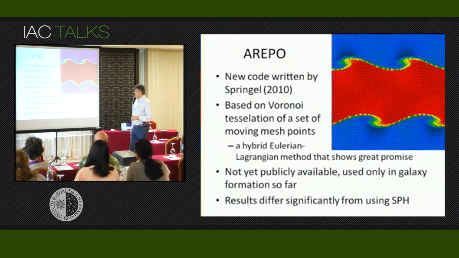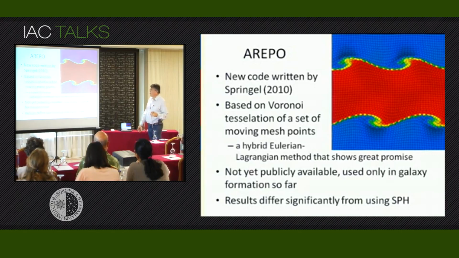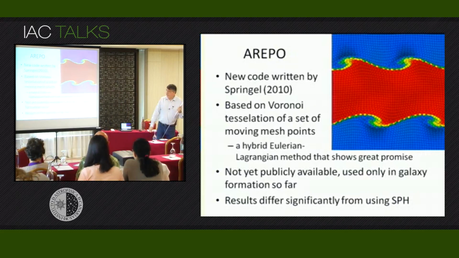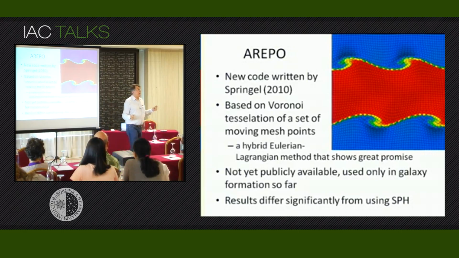Now, it hasn't been made publicly available, and so Springel, quite naturally, since it took him a couple of years to write this code, is keeping it to himself and his friends to milk it for quite a number of publications before he makes it public. So nobody else can get their hands on it without writing the same code themselves, or waiting until Springel makes it available.